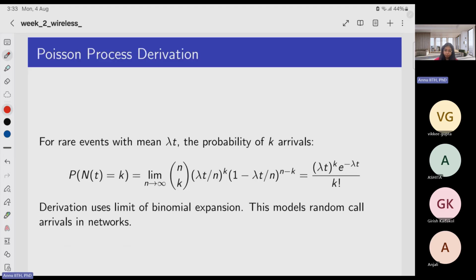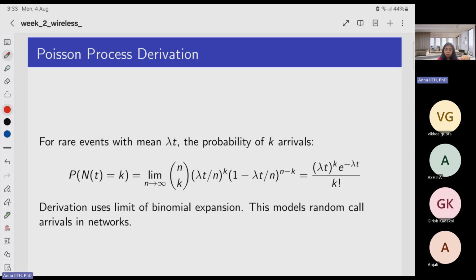What is Poisson? Suppose you are having rare events. Suppose in a population of 1,000 people, one of them is getting dengue.